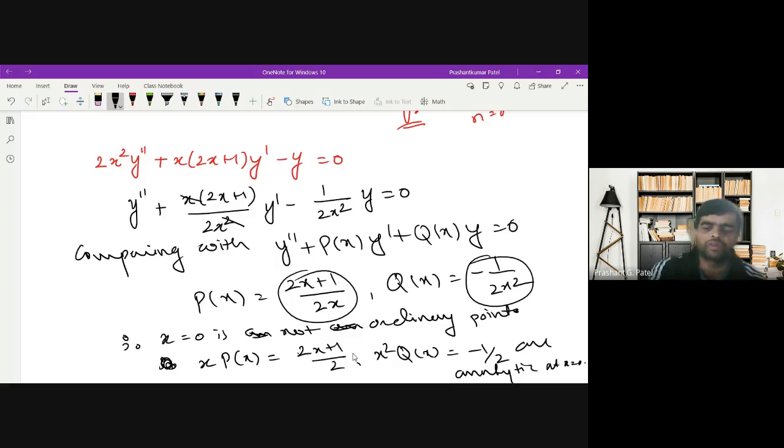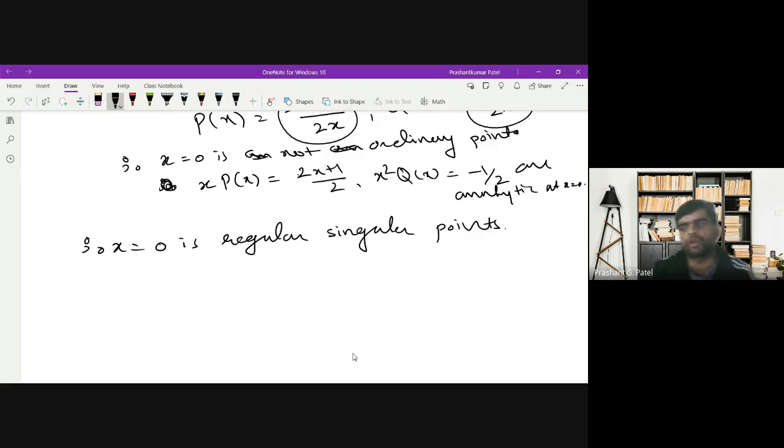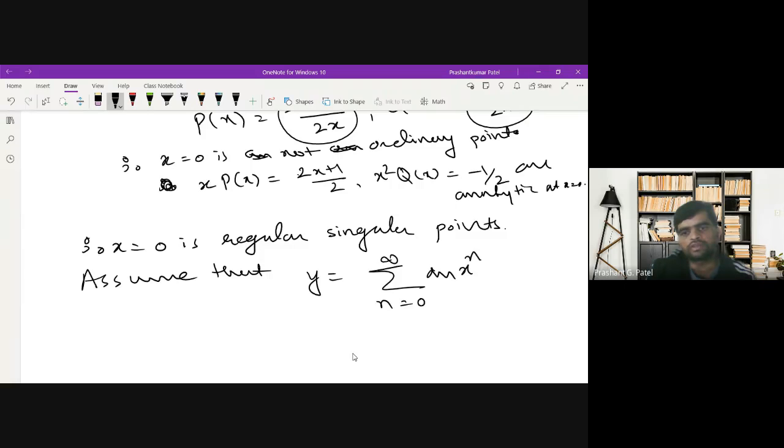Therefore, we can say that x equal to 0 is the regular singular point. Since this is a regular singular point, we can assume the solution is y equal to summation n running from 0 to infinity a n x raised to n plus m. This is the solution we can assume.